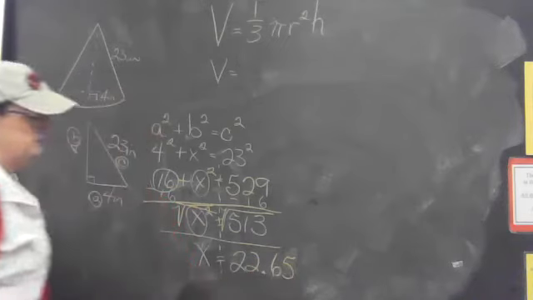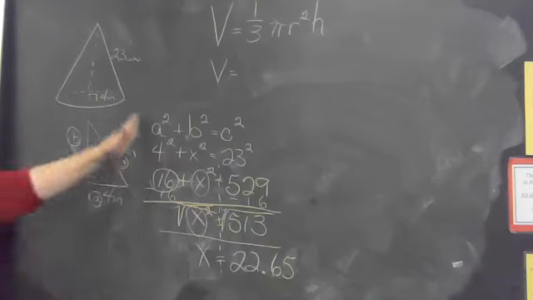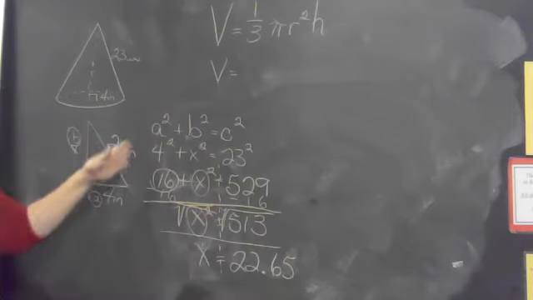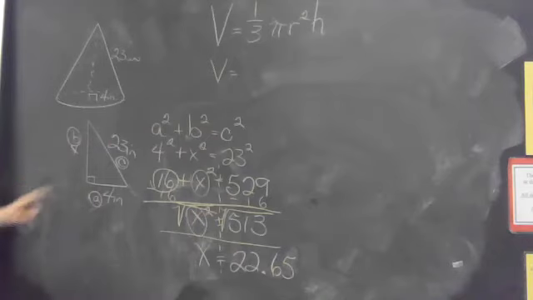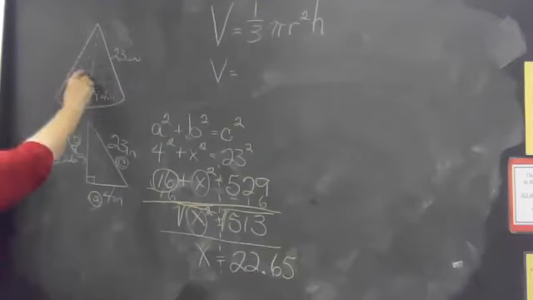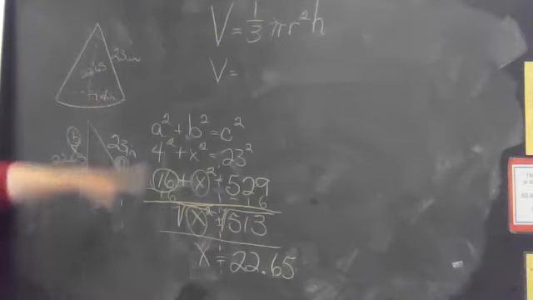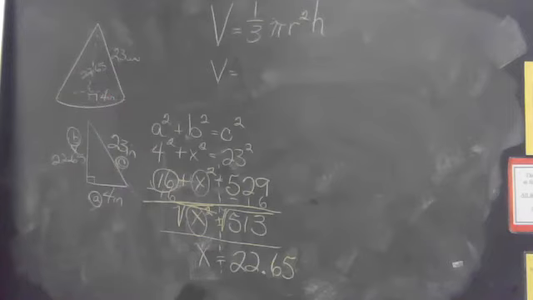If we're going to go to 2 decimal places, which is fine. Okay, so this is our side trip to Pythagorean land, and we found out that our X is 22.65 on this right triangle. Well, this right triangle is this, so that means our height now is 22.65. That's how we found out our height. And now we can go back to find our volume, now that we know the height.